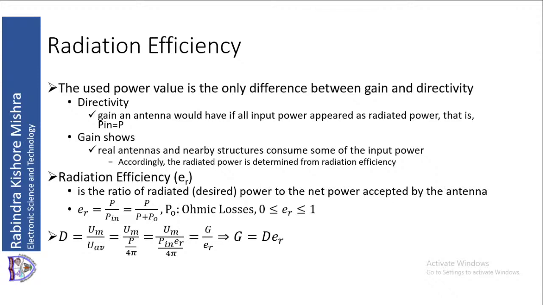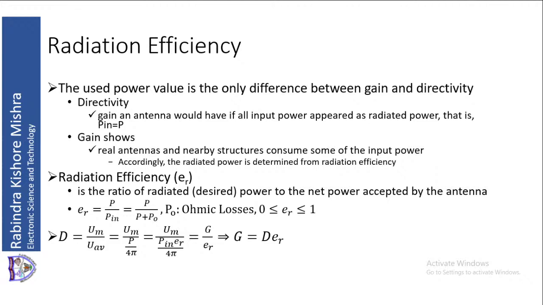Now let us define directivity in terms of radiation efficiency. D we know is equal to UM by U average, that is, maximum intensity by average intensity. The average intensity is the power radiated by 4 pi, so D is UM by P by 4 pi. Now P is equal to P in into ER.